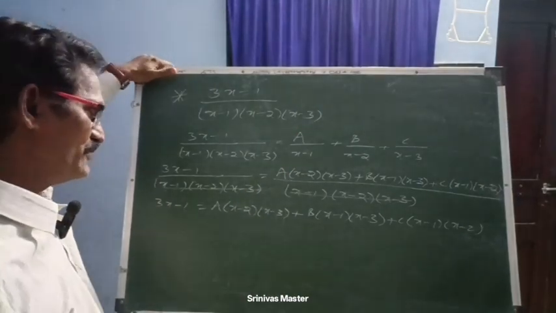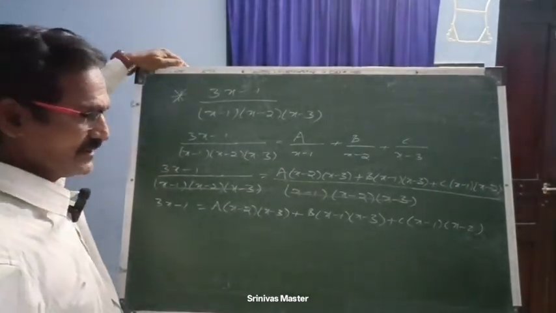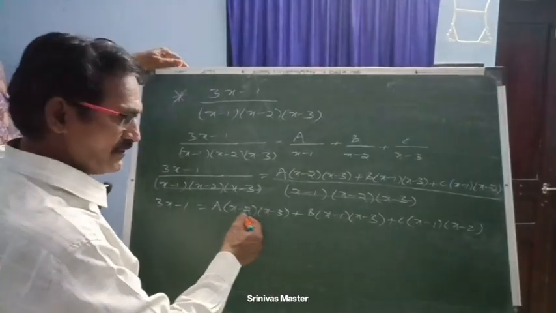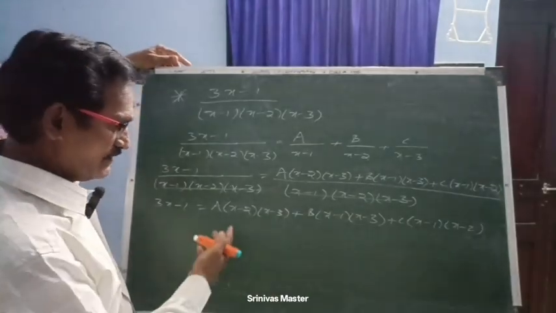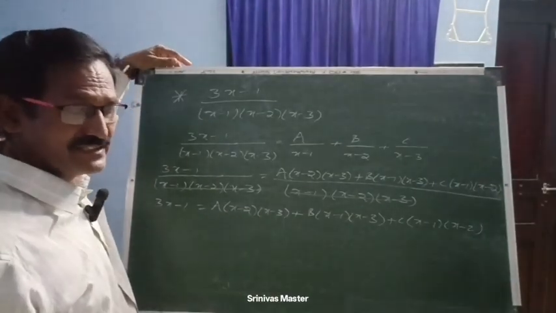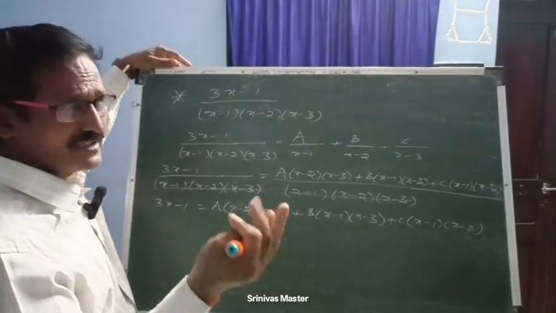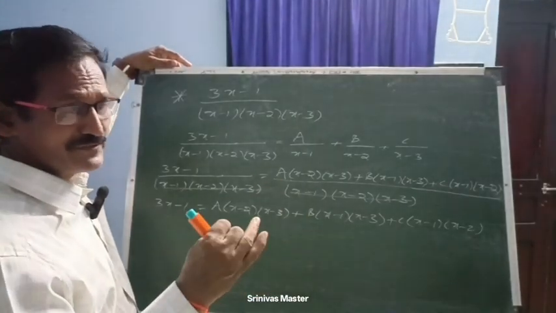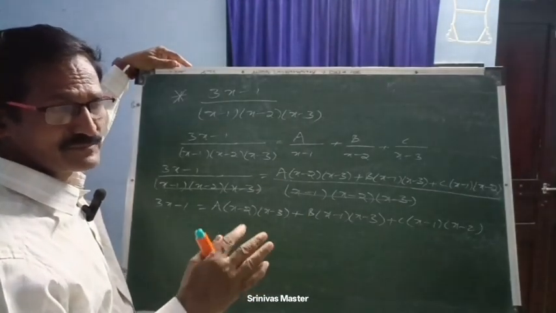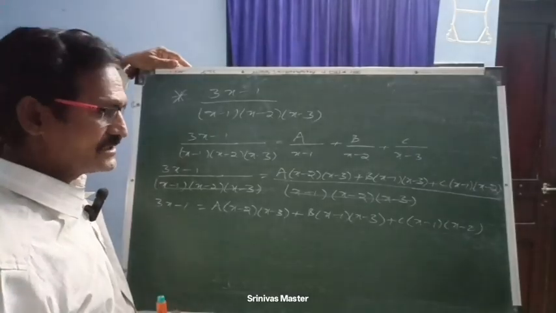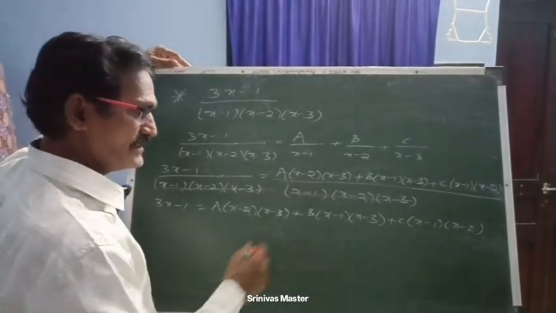Now, as I told you before, we can do that. If you want to multiply everything out, you will get x square terms, x terms and constants. Comparing the coefficients of x square, x and the constant term, you can also get the values of A, B and C.